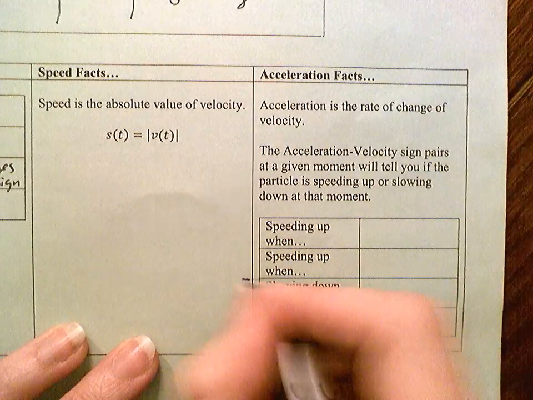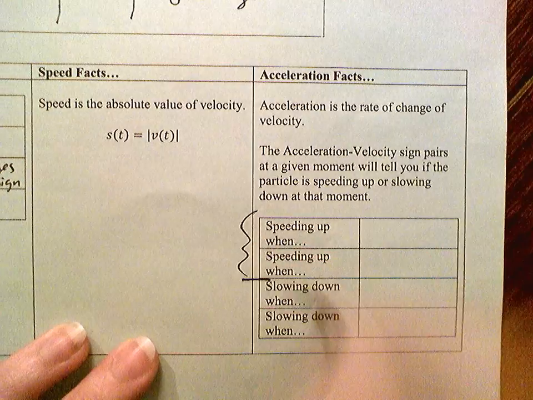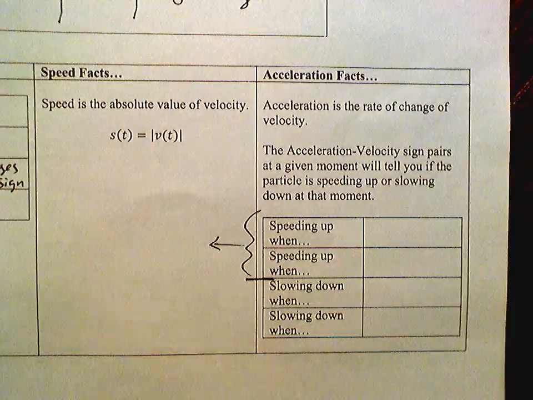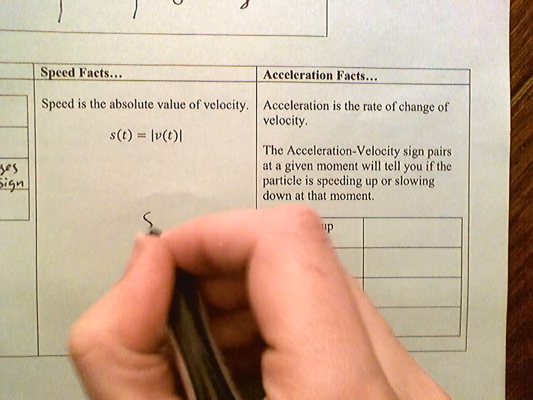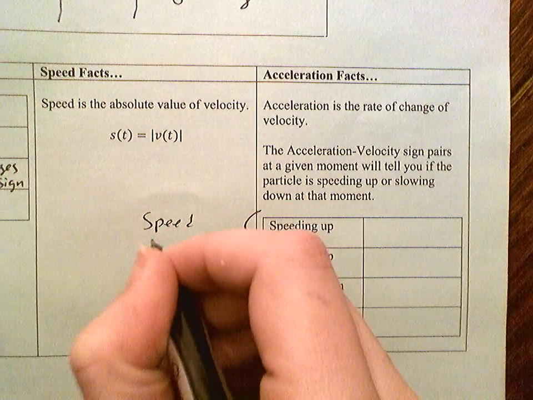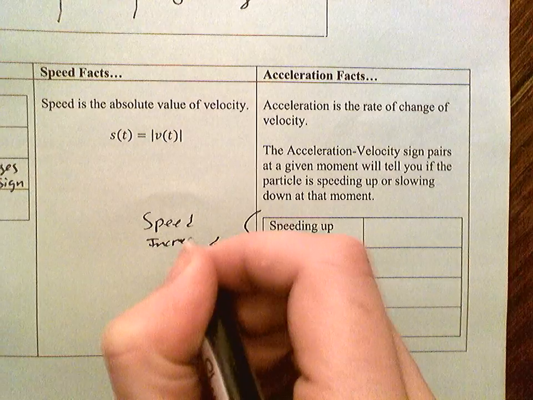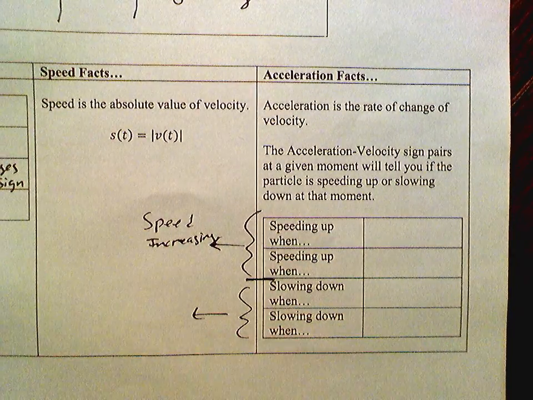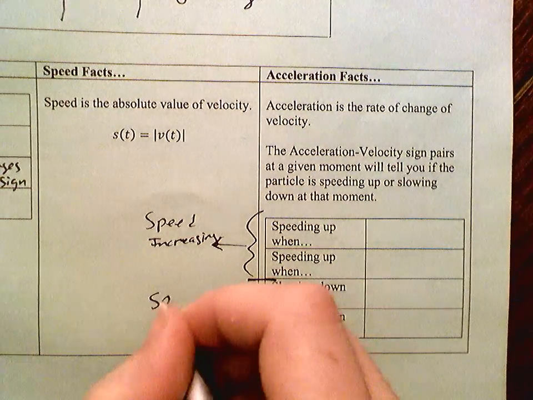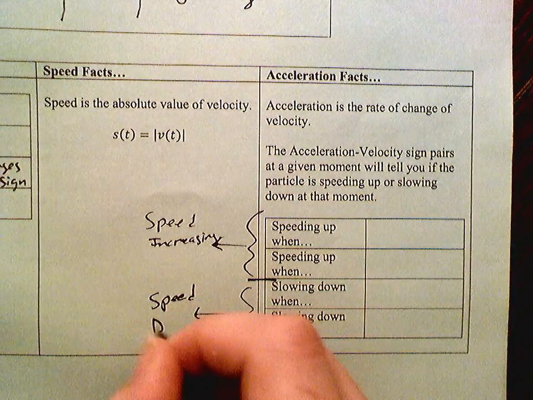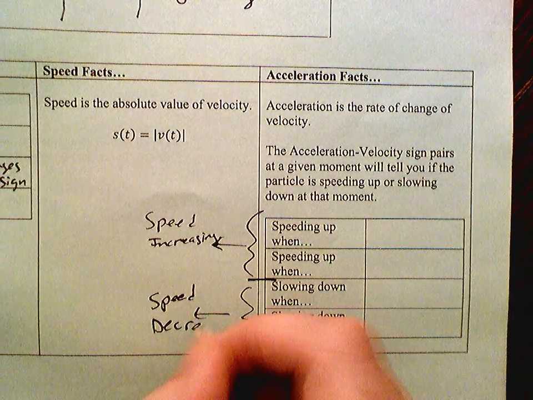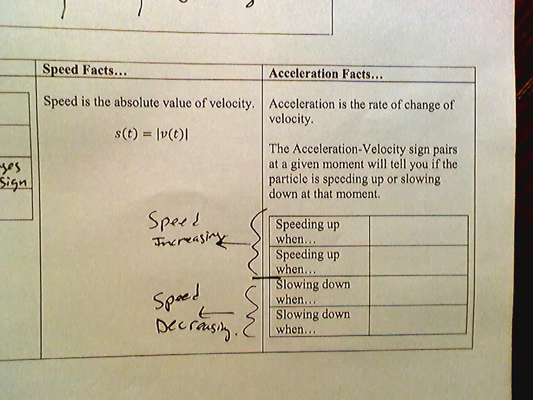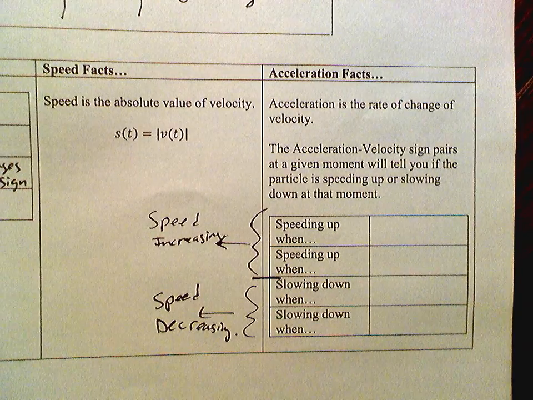The first two are about speeding up, and I just want to be clear: speeding up means that the speed is increasing, and slowing down would mean the speed is decreasing. Please write that in your notes, because I think it will be helpful in some partner problems that are coming up.